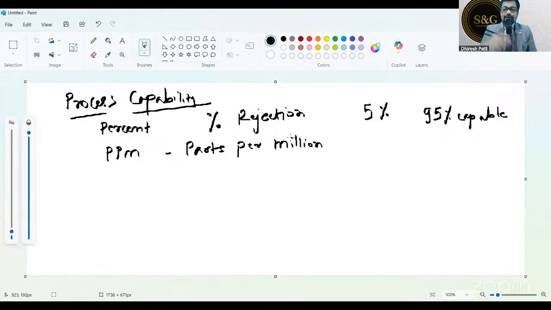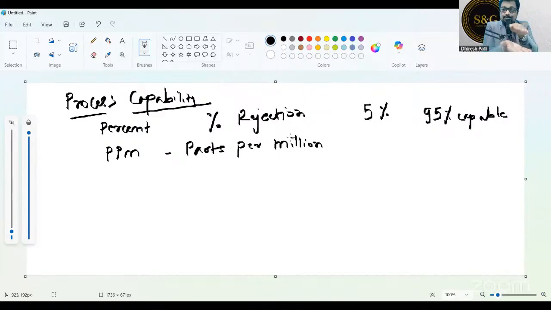Now the number which was percentage has changed into per million. When we say parts per million, per million means 10 lakhs, right? So instead of per 100, people started measuring how much rejection they have. That is ppm.